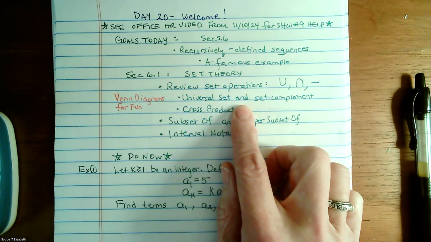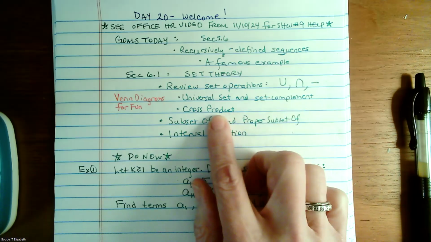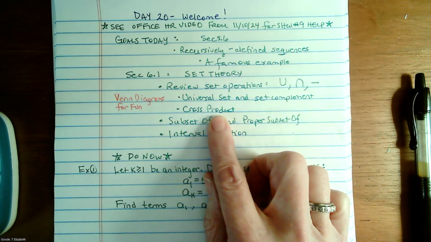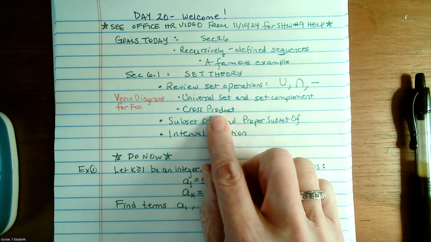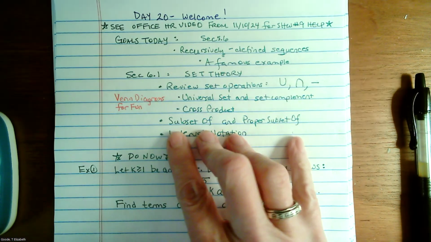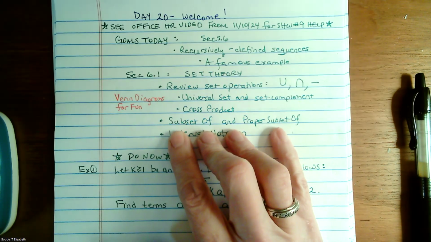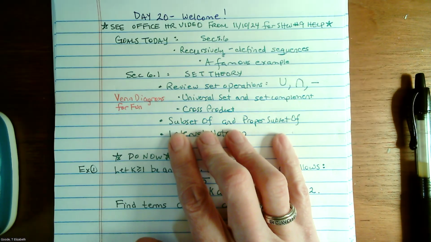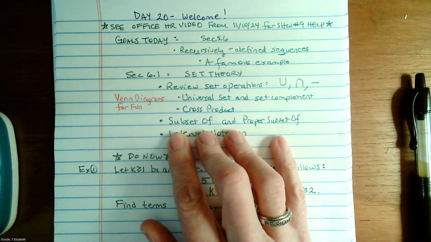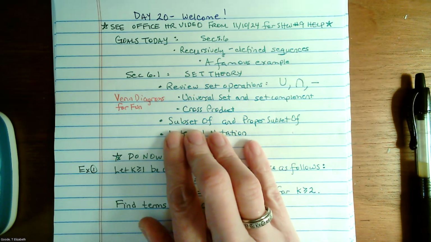We're going to talk about the universal set and the set complement, which is another set operator. The cross product. I think we covered the cross product, but we're certainly going to recover that tonight. And this will all help you with your WebAssign and your next special homework number 10 that I'm still working on, just putting the last finishing touches on that. It will be due Monday. Of course, that gives you all weekend.